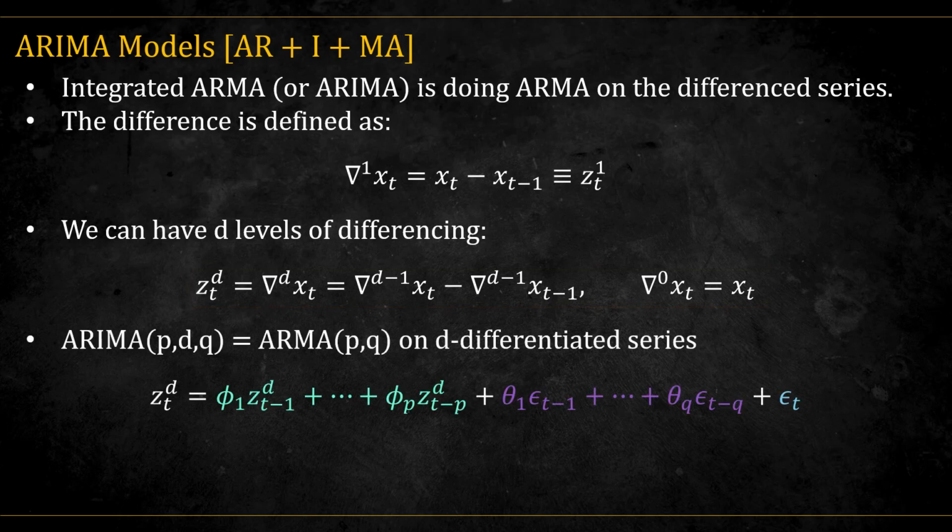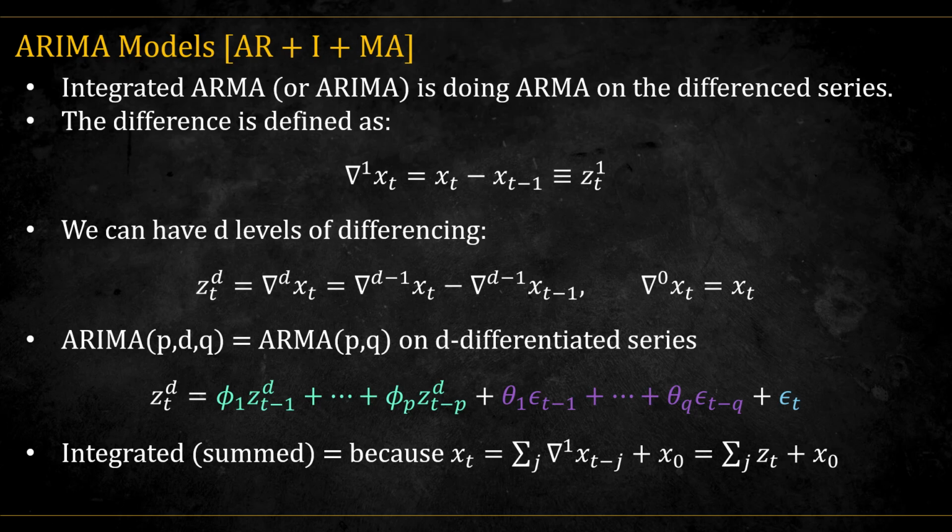ARIMA(p,d,q) is doing ARMA(p,q) on the d times differenced series, and we can write it down in mathematical notation. The term integrated is used because we don't care about the difference of x_t, but of x_t itself, so we need to sum up those differences to get back the values we are interested in.